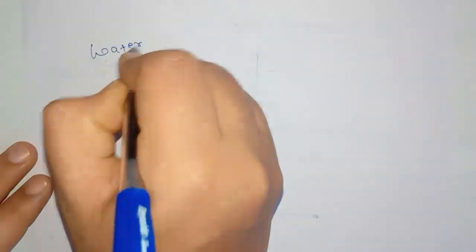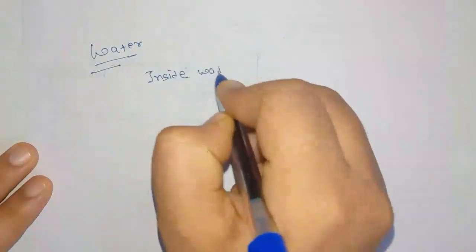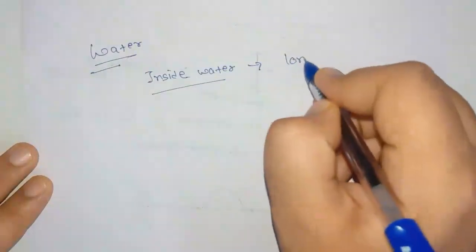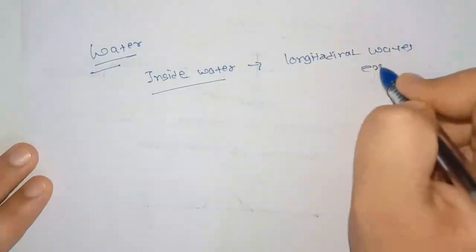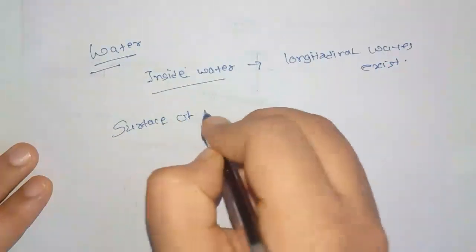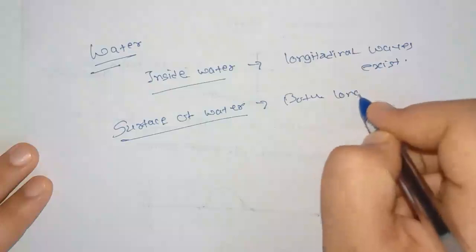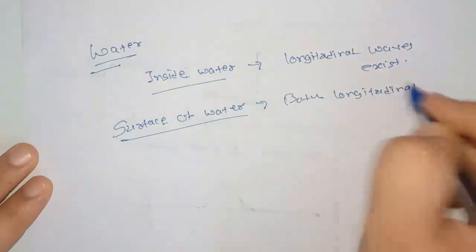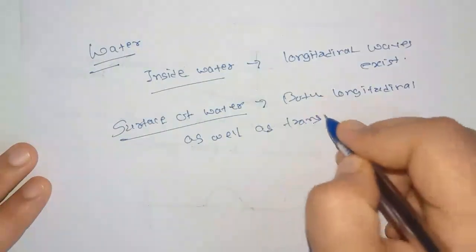That means if we consider the case of water, then inside the water the longitudinal waves exist, and on the surface of water both longitudinal as well as the transverse wave exist.